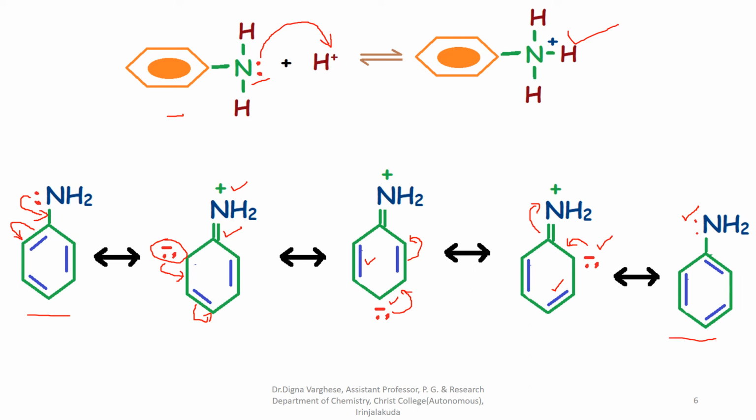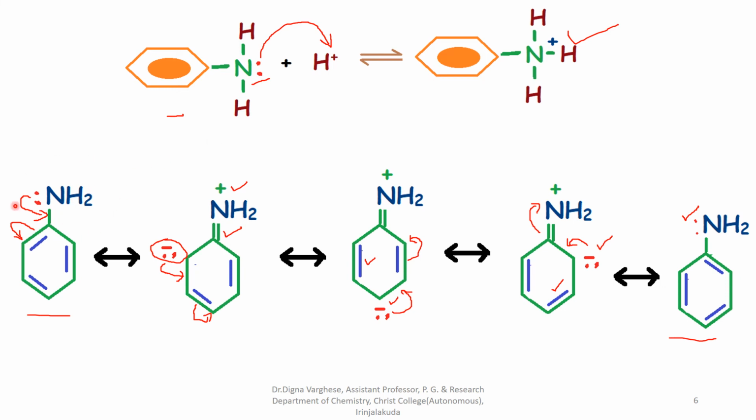So here you can see a delocalization of the nitrogen lone pair over the aromatic ring. So it is less readily available for protonation and formation of the anilinium ion when compared to the ammonia molecule and methylamine.